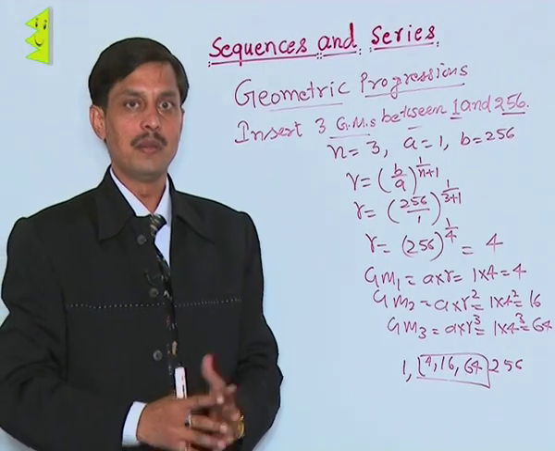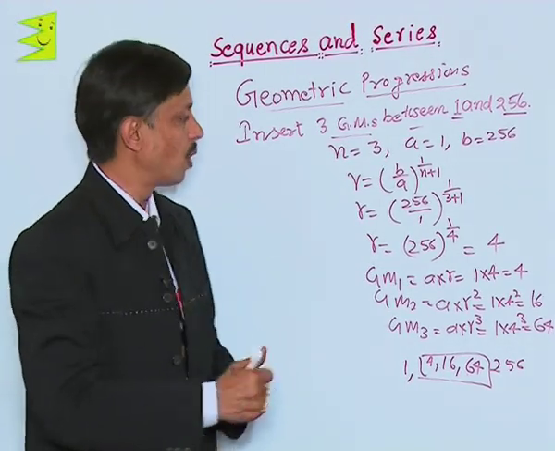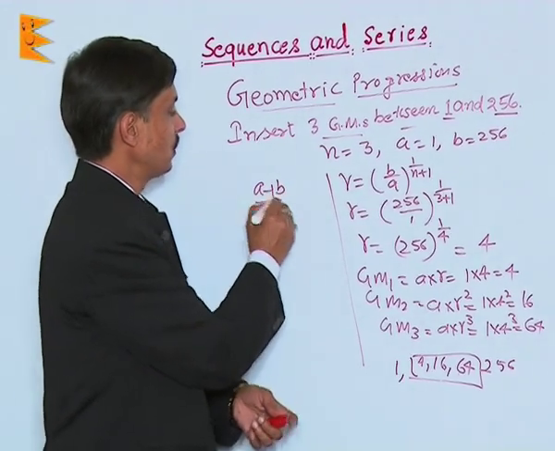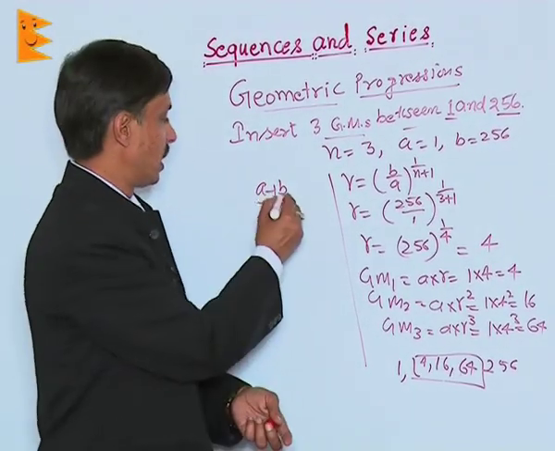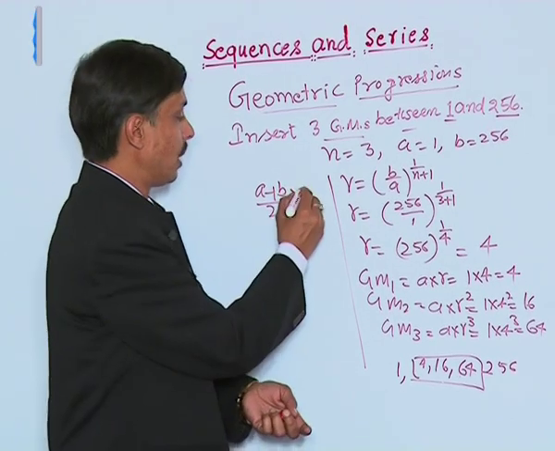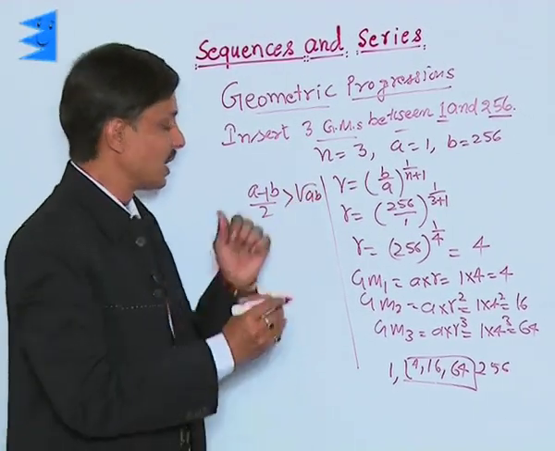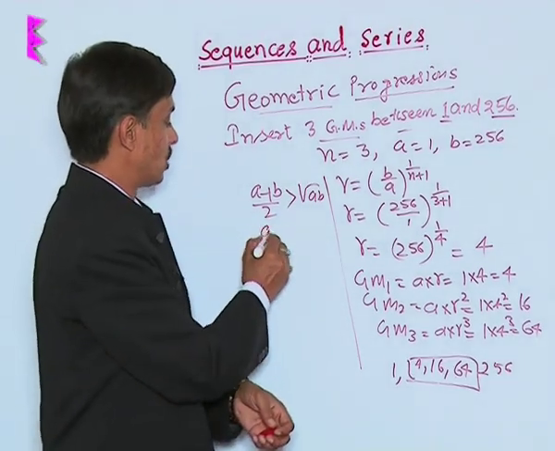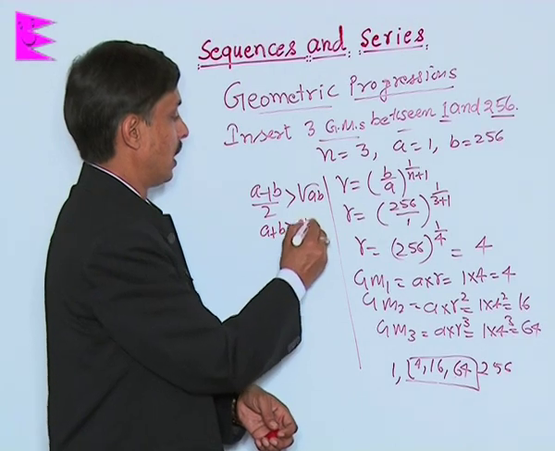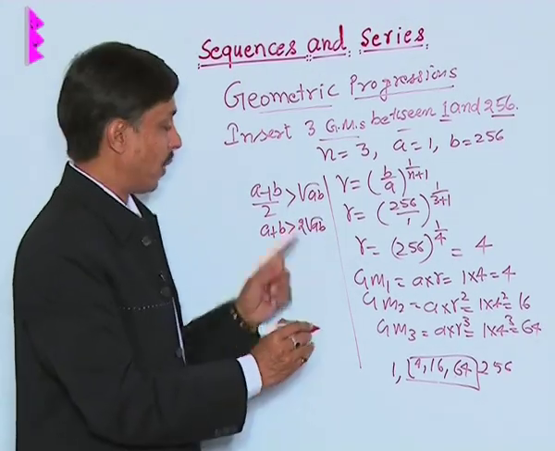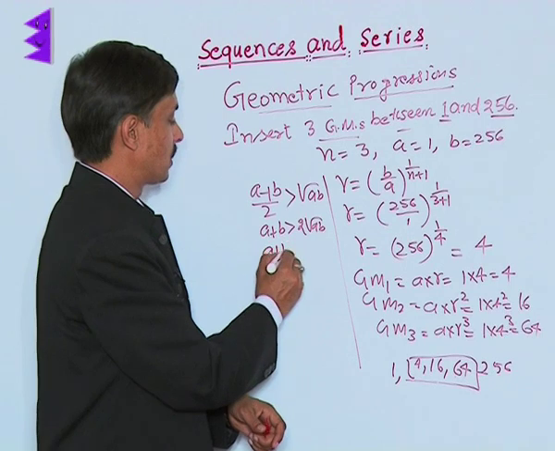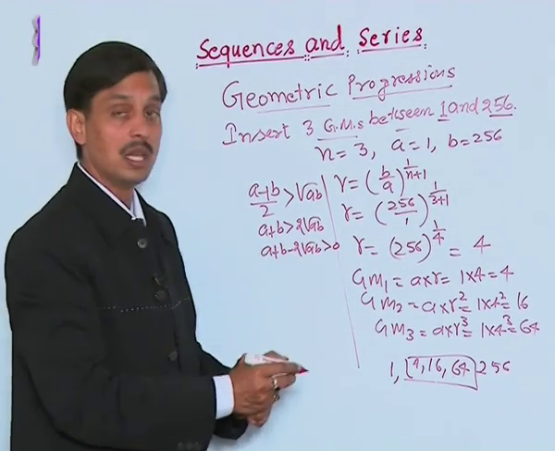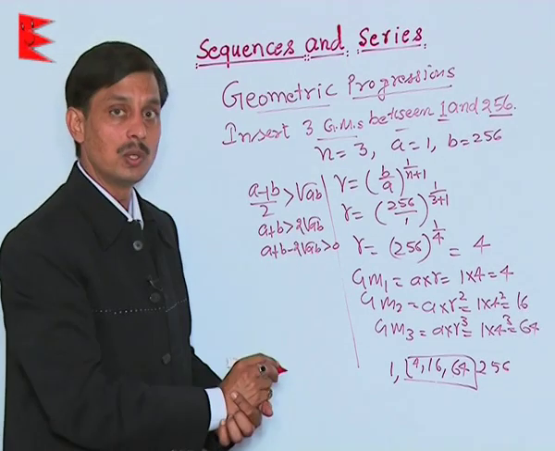And always remember, the arithmetic mean is always greater than the geometric mean between two numbers. If there are two numbers a and b, their AM is (a plus b) upon 2 and GM is root ab. How can we say AM is always greater than GM? If we multiply by 2, I will say a plus b is greater than 2 root ab. When 2 root ab is shifted to the left side, it becomes minus 2 root ab. That is, a plus b minus 2 root ab is greater than or equal to 0.